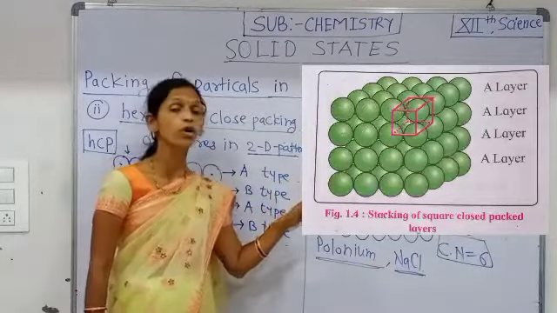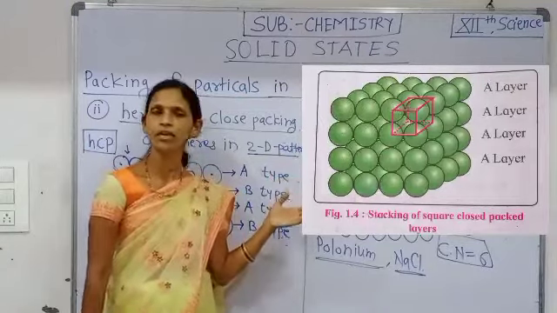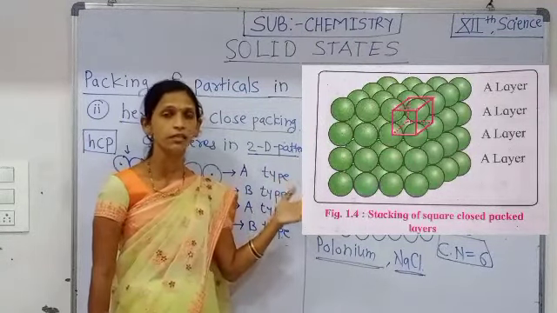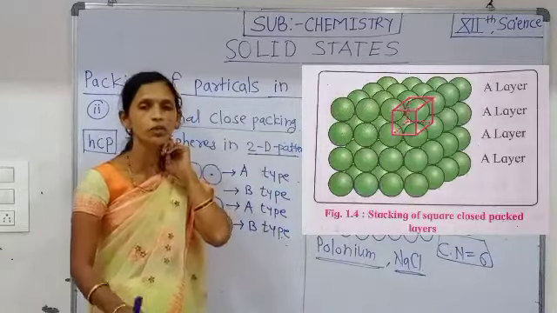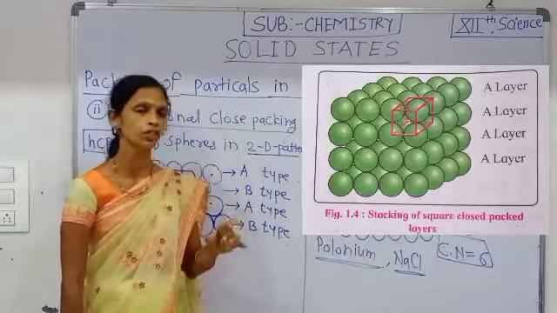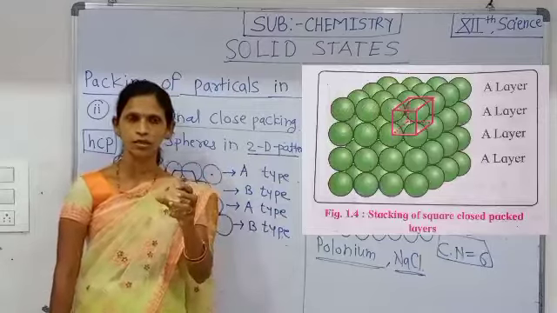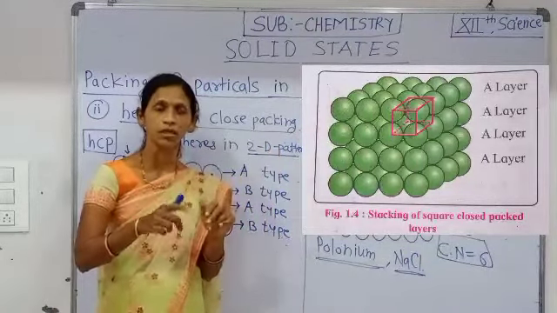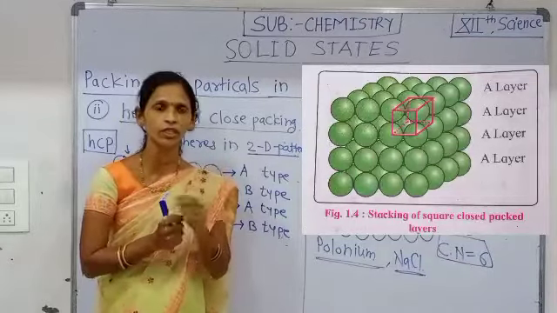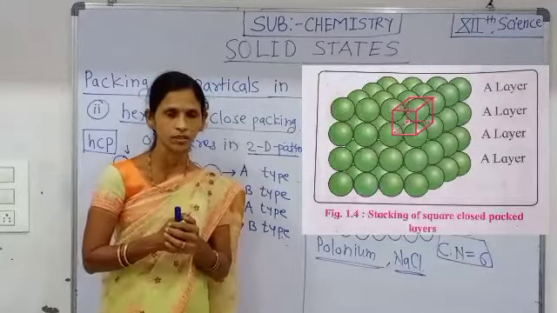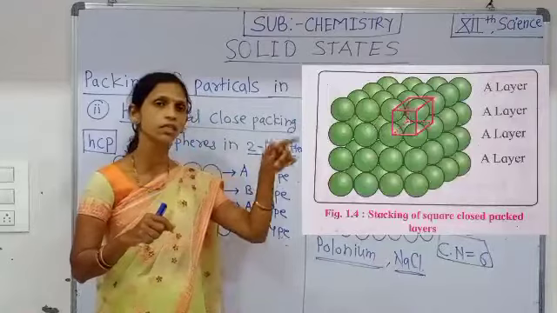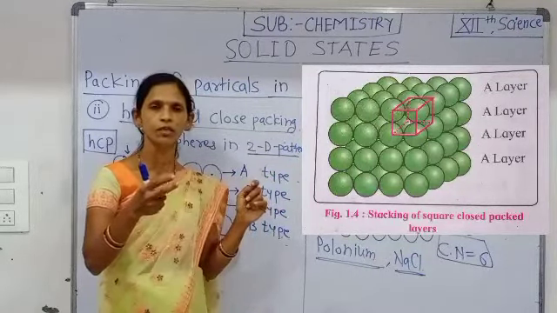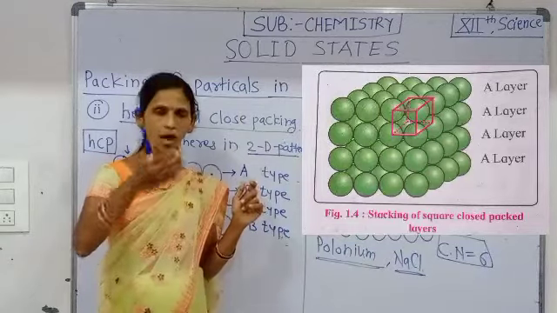The coordination number of this type of arrangement in the simple cubic unit cell is 6, in which each sphere is in direct contact with 6 other spheres, that is 4 spheres in the same layer, 1 sphere from the layer above it, and 1 sphere from the layer below it.